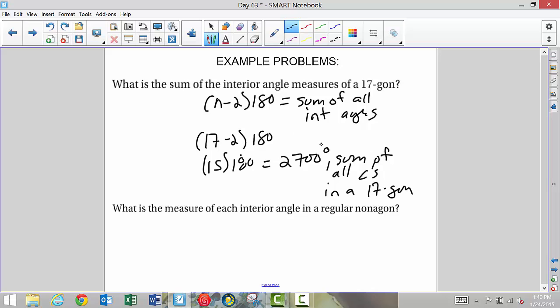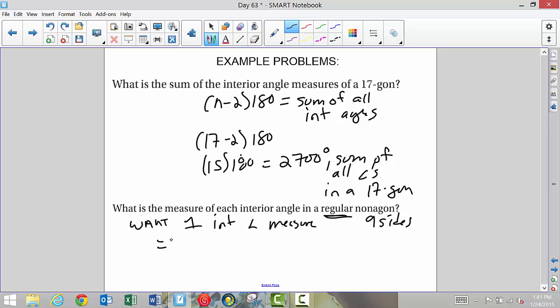What's the measure of each interior angle in a regular nonagon? So this is 9 sides. In this case, I want one interior angle measure.